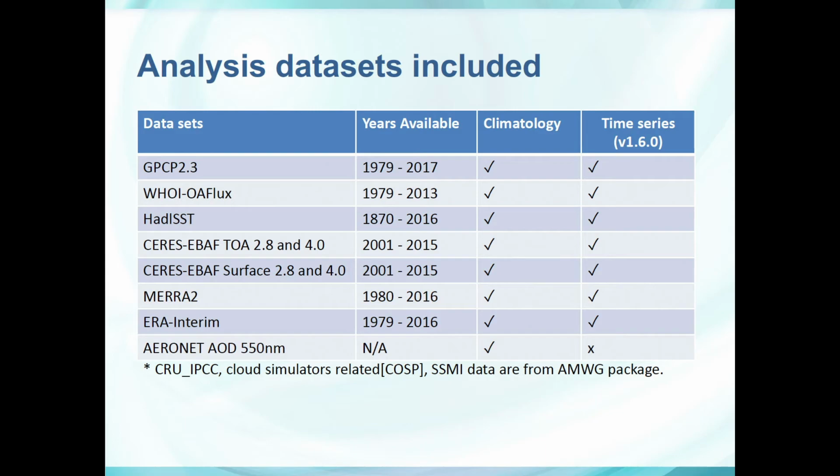We include GPCP version 2.3 for precipitation, Hui OA flux for surface heat fluxes, and Hadley Center's SST data, the CERES EBAF edition 2.8 and 4.0 for TOA and surface radiation fluxes, MERRA2 and ERA-Interim for reanalysis data, and AOD at 550 nanometer from AERONET. If you look at the years available, we push the years to very recent.